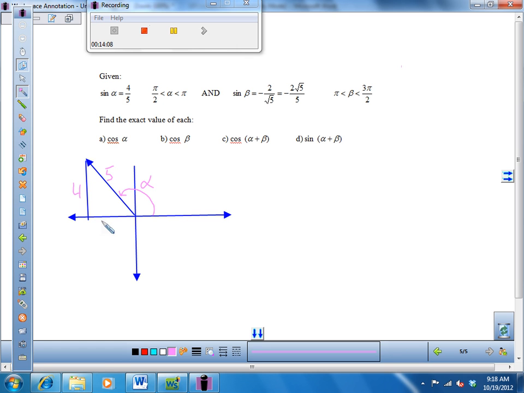Then you do the Pythagorean theorem and you find this side. What's that side? Come on, you can do it. It's 3, but we call it negative because it's in the negative x direction. So here's your picture for alpha.